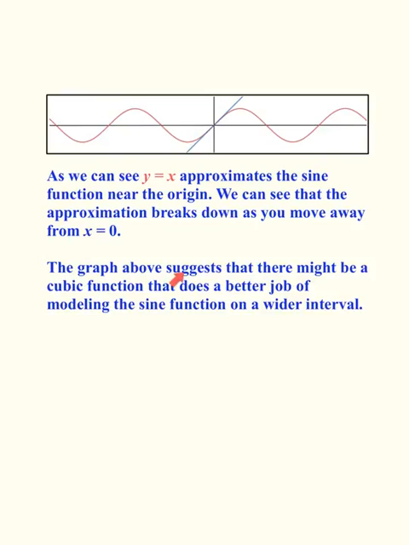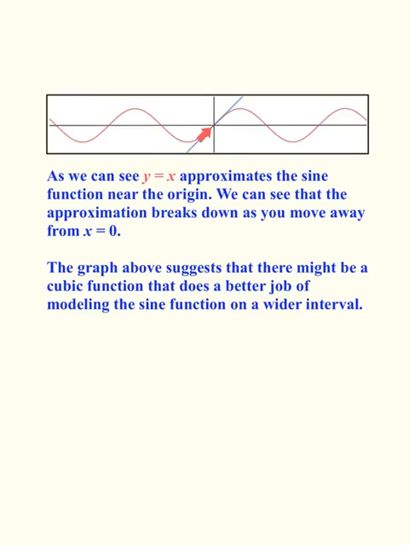So the graph above suggests that there might be a cubic function that does a better job of modeling the sine function on a wider interval. What if we can come up with a cubic function that hugs this curve for a longer period of time than this line does?